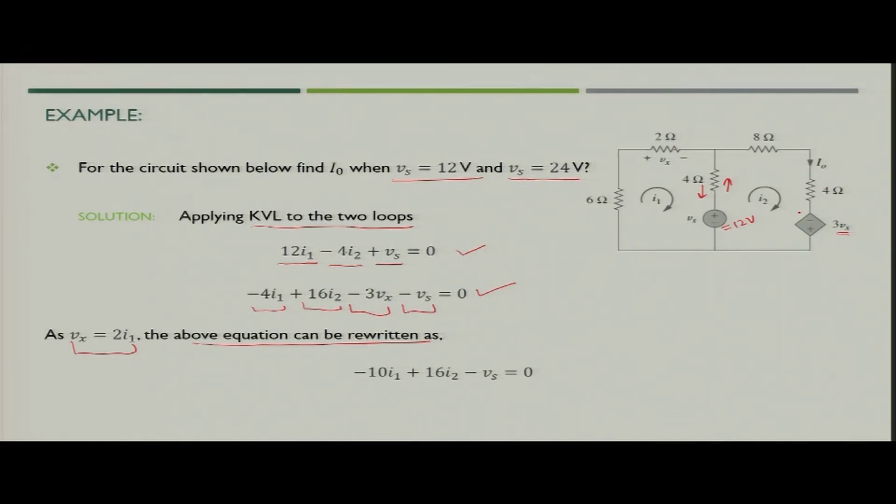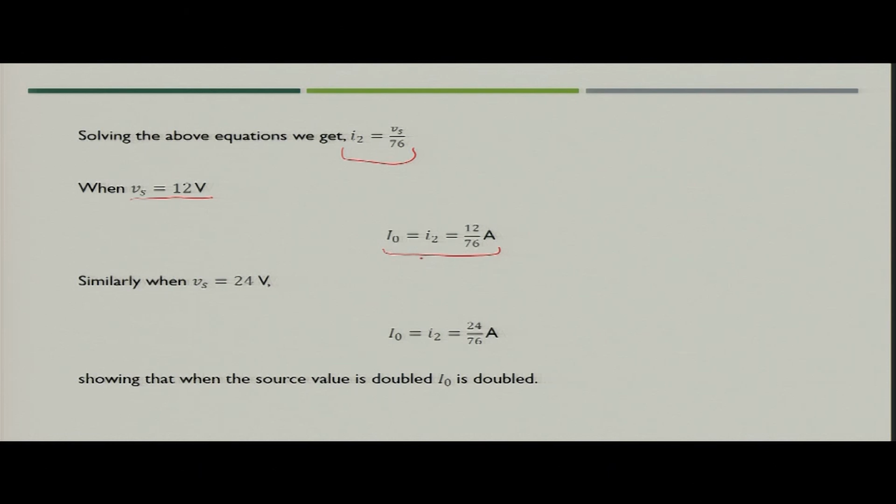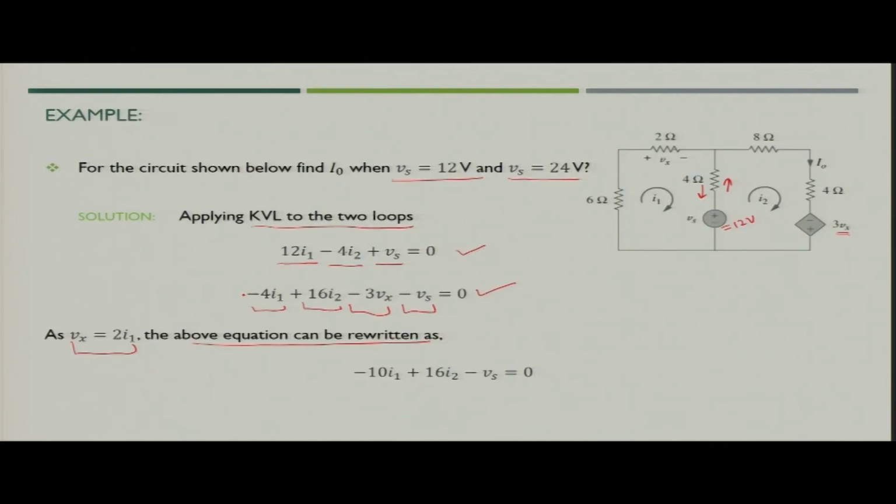In that case, the value of I2 would be 12 by 76 ampere in case of I naught. Now, you need not calculate again the complete circuit equation for Vs equal to 24, because you know that this particular circuit is a linear circuit. So, what you will do?